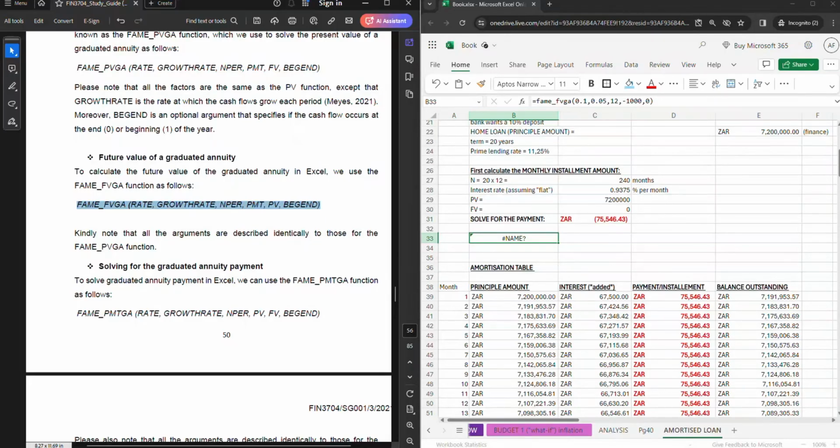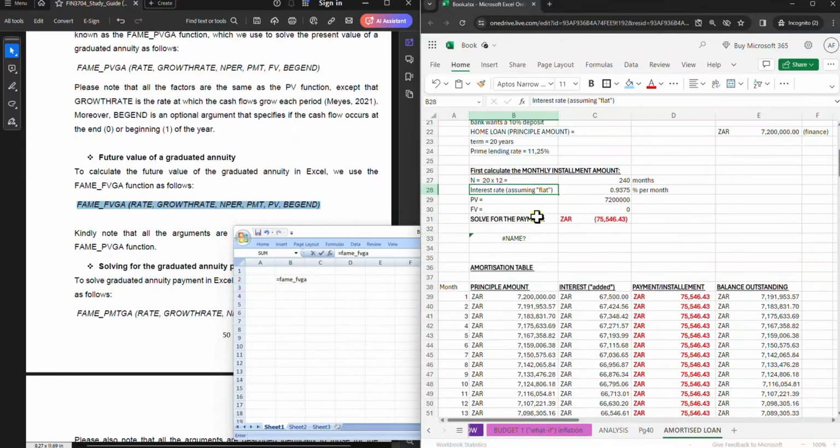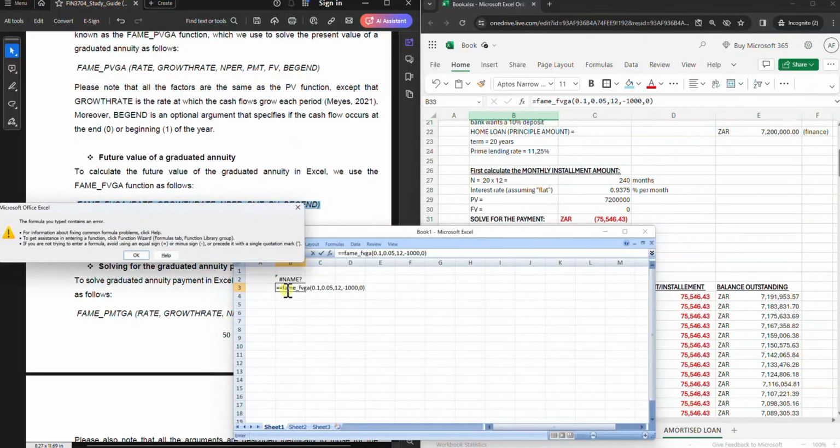Okay, so this is an older version of Excel. So let's see if it comes up. Let's copy what we had earlier. Let's see if it works. Nope, also doesn't work. All right, I don't know what they mean by this thing.